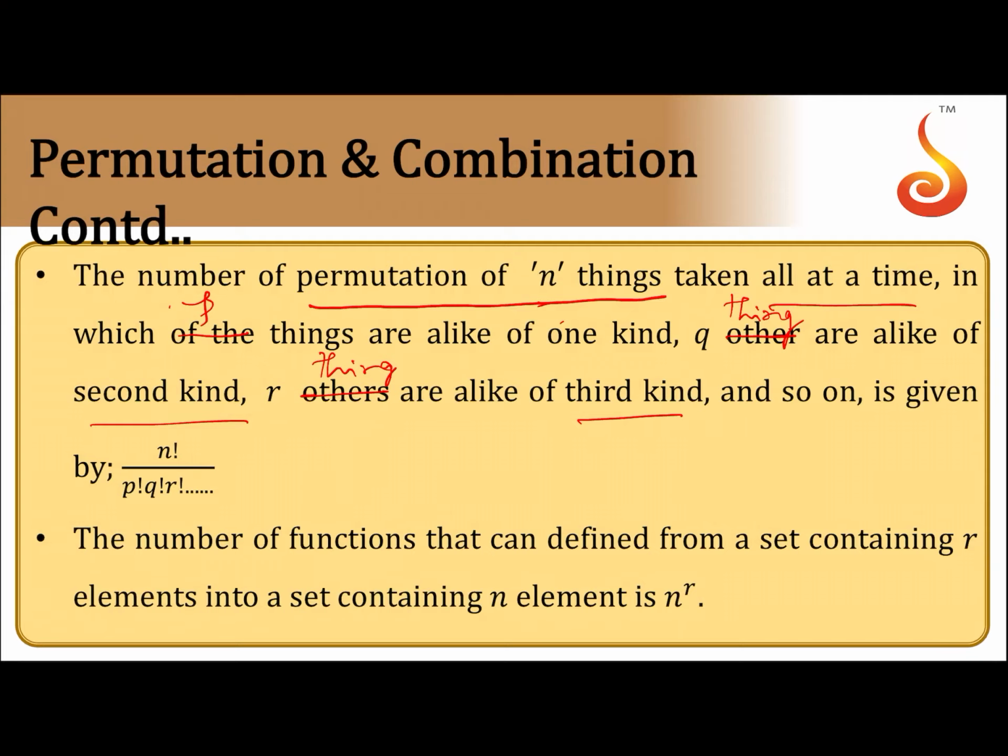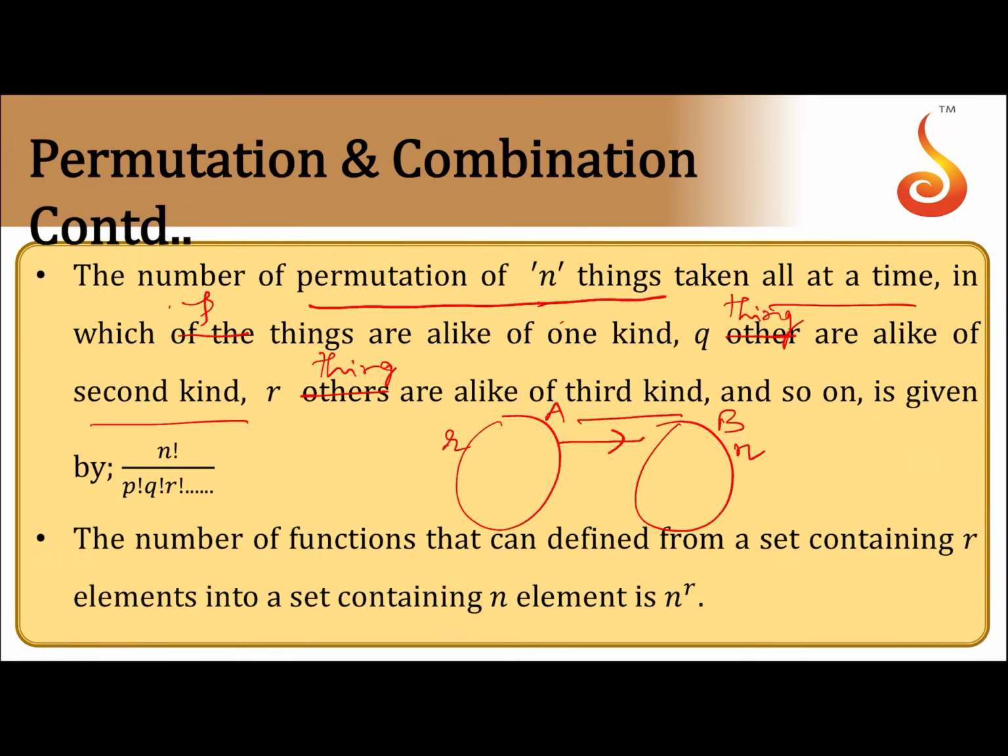Coming to the next one, the number of functions that can be defined from a set containing r elements into the set containing n elements. The first is set A, second is set B. The first set consists of r elements, the second set consists of n elements.